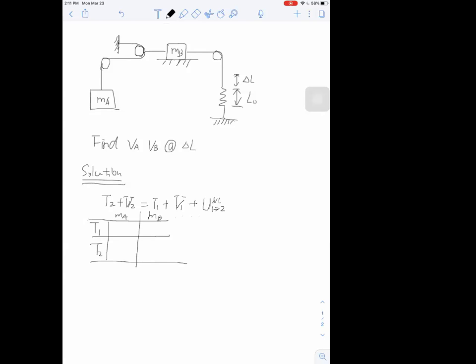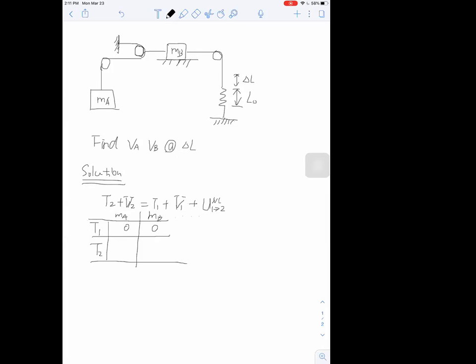So if you look at the kinetic energy for both MA and MB at position 1, this problem starts from rest. So it releases everything from rest. Therefore, at position 1, there's no movement at MA and MB. So we don't have any kinetic energy at position 1. And since we're looking at what's the speed of A and B at this moment when the stretch of spring is delta L, we know we probably have kinetic energies at position 2.